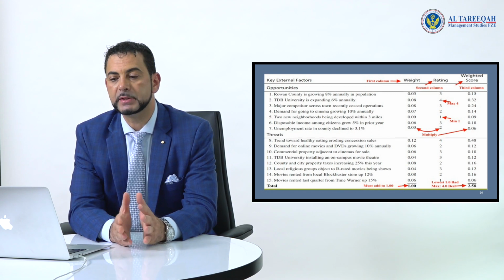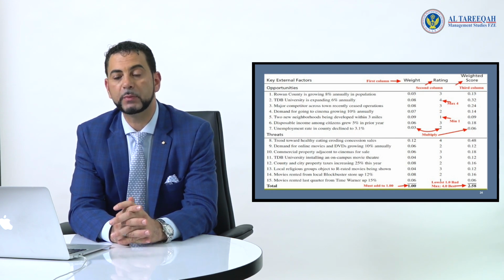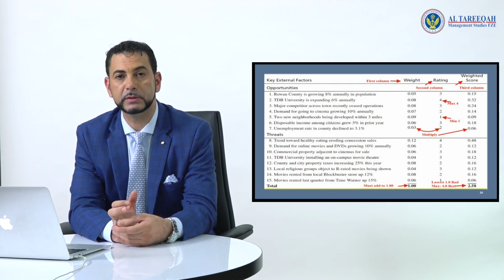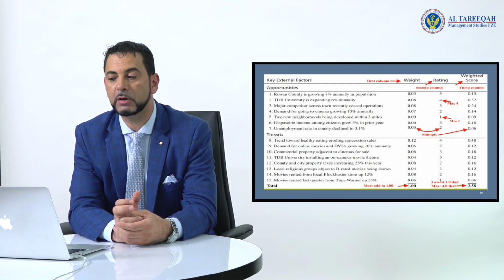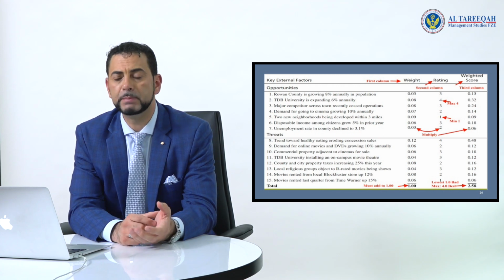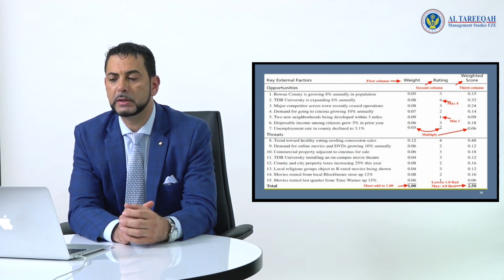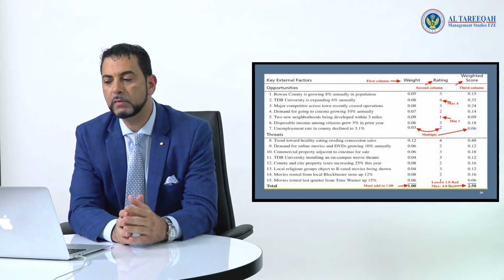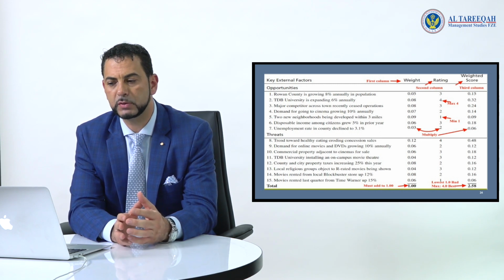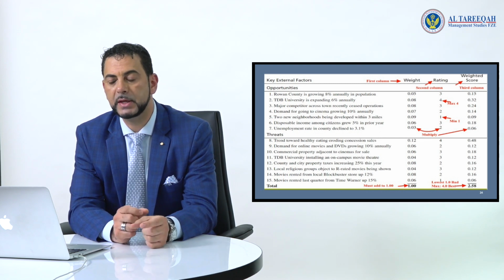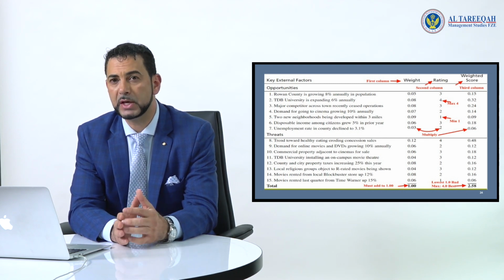So you can see, for example, the first one from an opportunity point of view: Rowan countries growing 8% annually in population. They put a weight here of 0.05. The higher the weight, the more important it is. When you're conducting this matrix, I would highly recommend liaising with your colleagues, especially those in management, and brainstorming, because these weights will make a difference when you're doing your weighted score in the end.